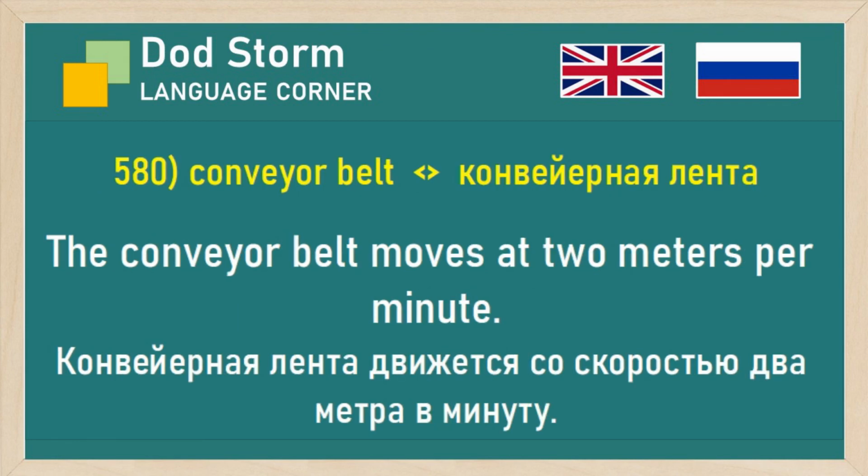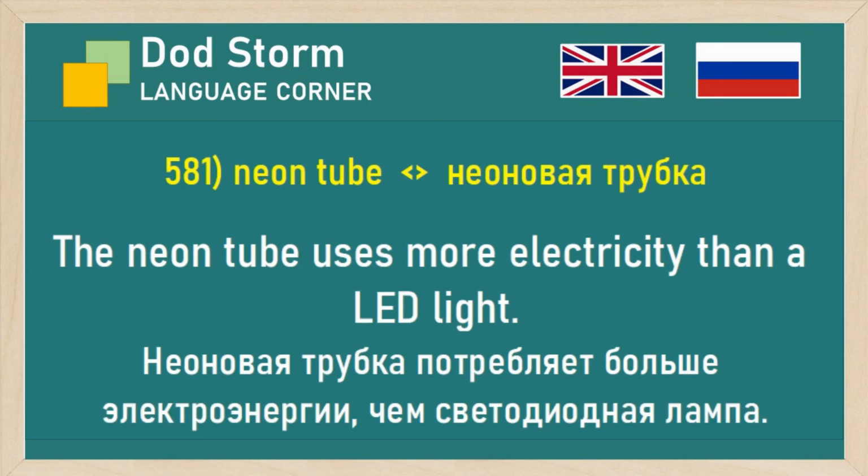The conveyor belt moves at 2 meters per minute. The neon tube uses more electricity than an LED light.